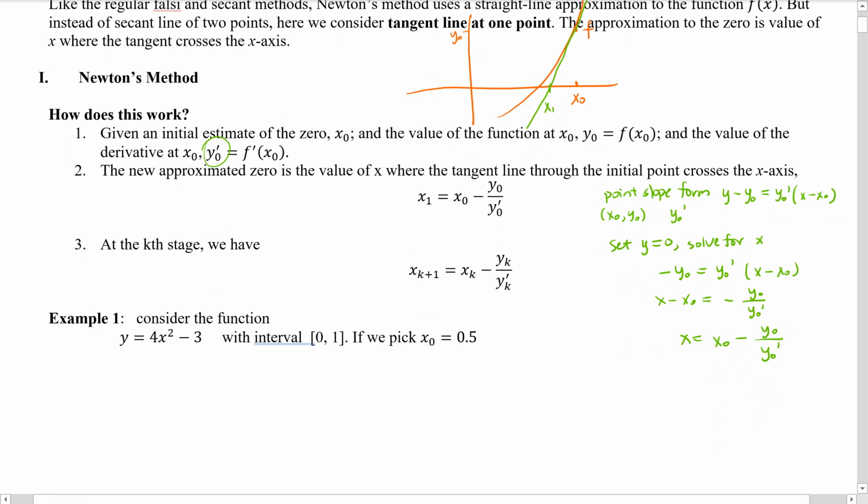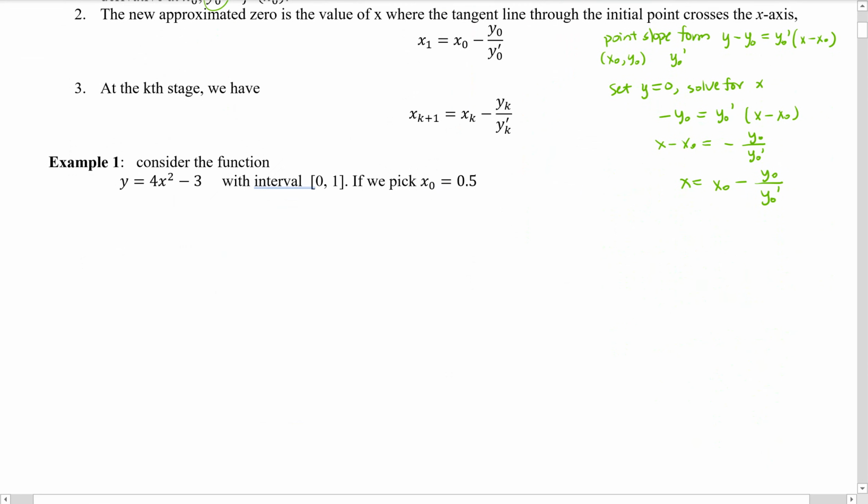Example 1. Consider the function y equals 4x squared minus 3 with the interval 0, 1, and we pick x0 to be 0.5. Let's see what we do. In order to calculate the estimated 0 for the next step, we need to compute the derivative.